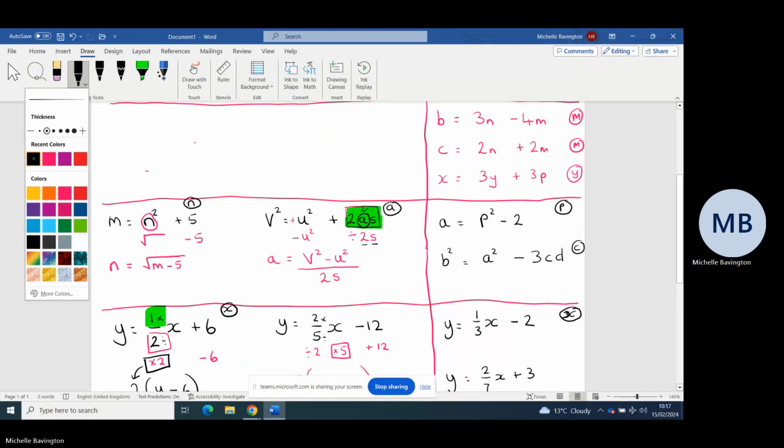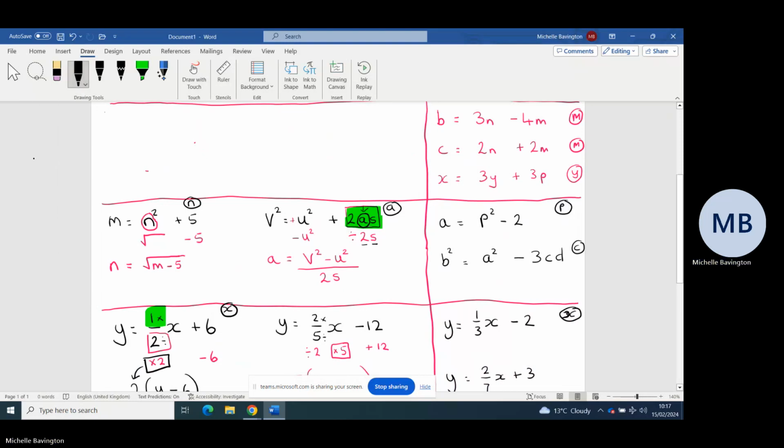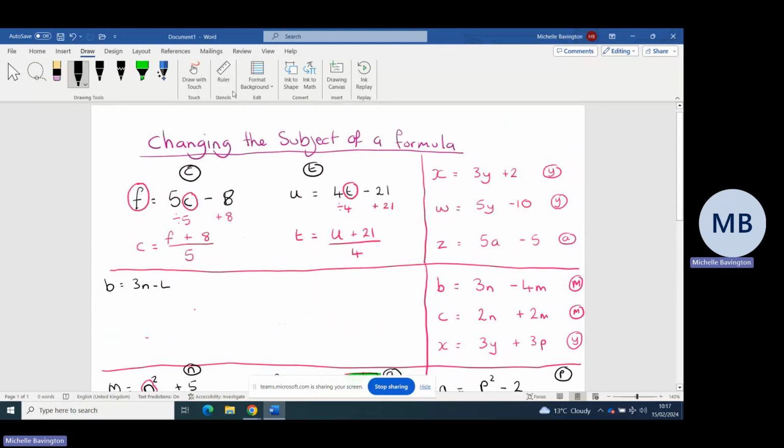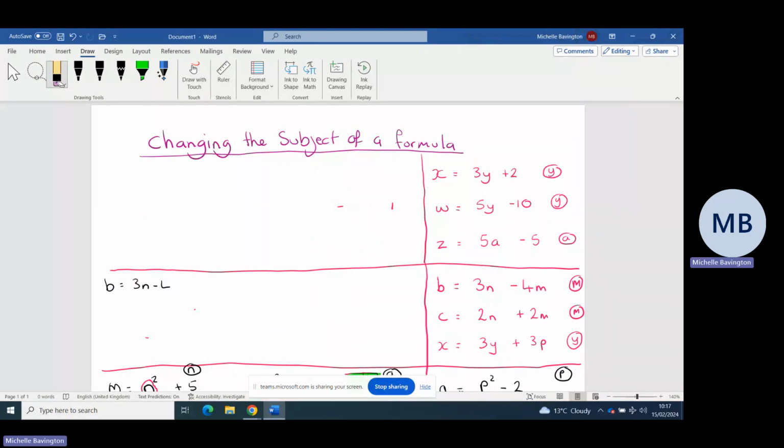Right, b equals 3n minus, oh no, that's not the first one, is it? Oh, let's start from the beginning. I'll finish in a minute. I wasn't at the top. Right, here we go.